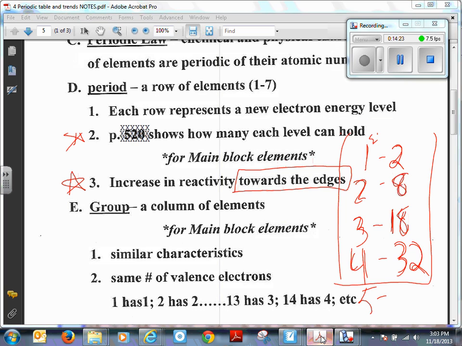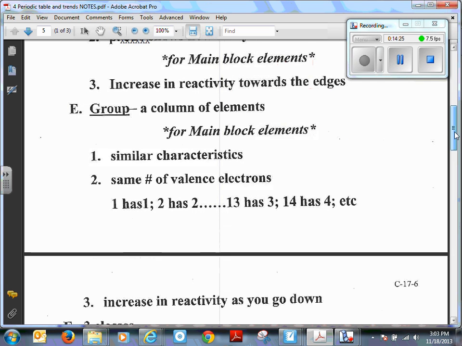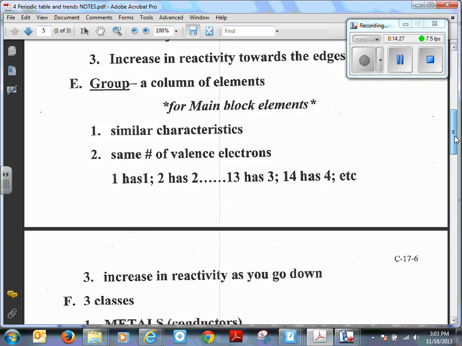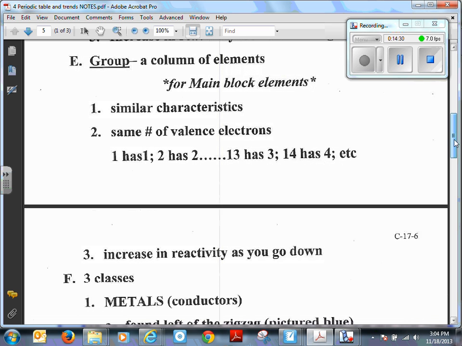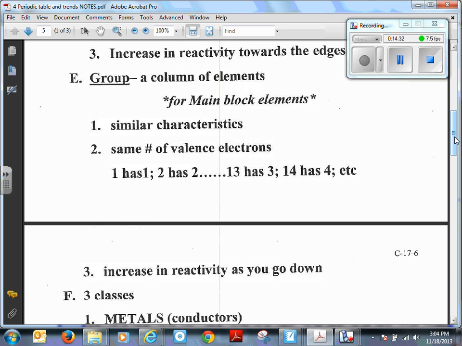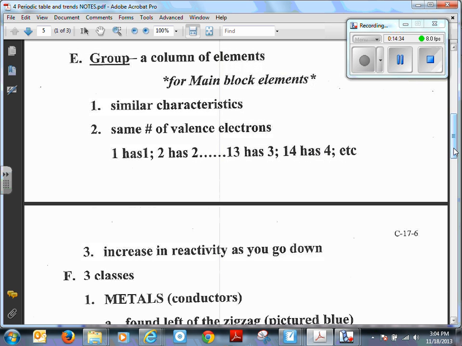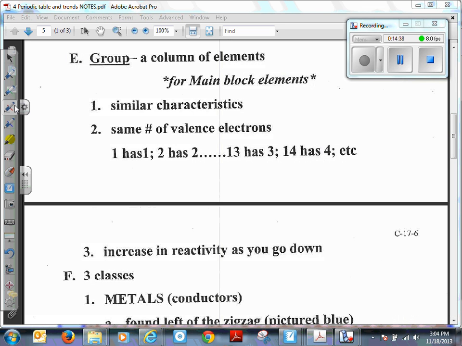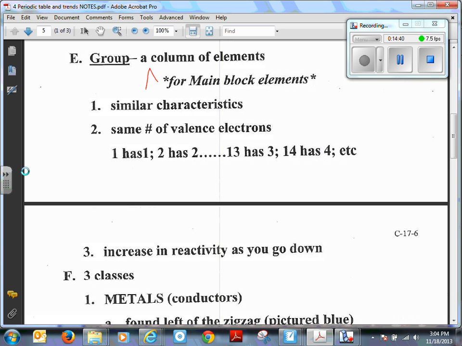So, as we go further down in the notes, a group then is a column of elements. And this main block elements piece right here has to do with this stuff right here. So similar characteristics as you go down in your column.